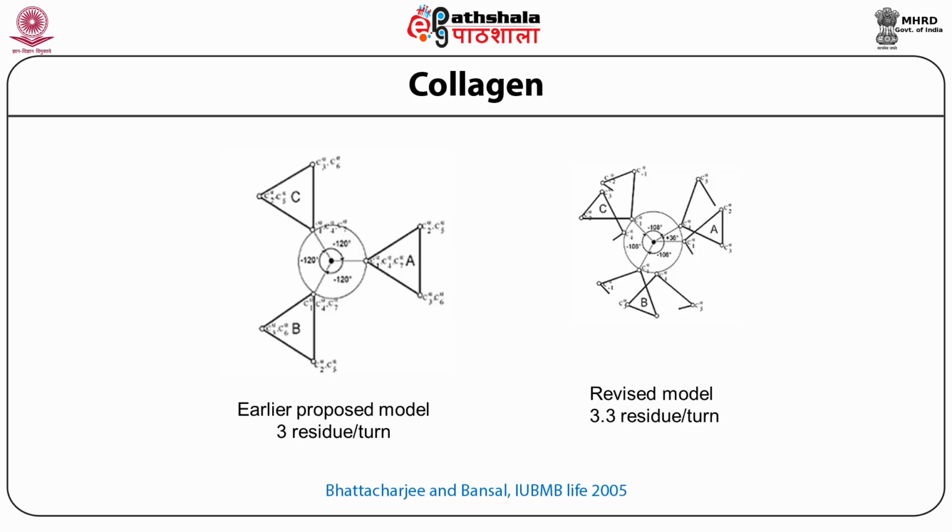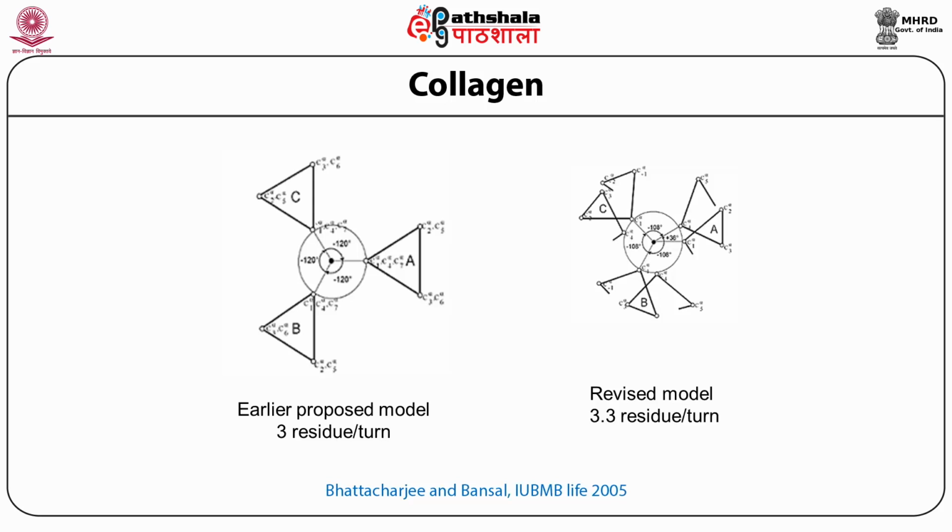So the next glycine on the next helix comes after a few degrees, which is listed here, and the residues per turn becomes 3.3. So here is the difference between the Ramachandran model and the other models which came later.